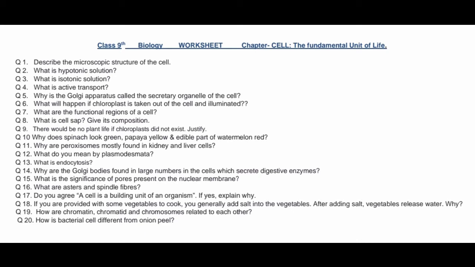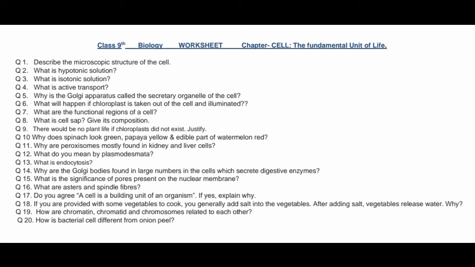Now, moving towards our next question, that is question number 7. Here it is asked, what are the functional regions of a cell? There are three major functional regions of the cell.